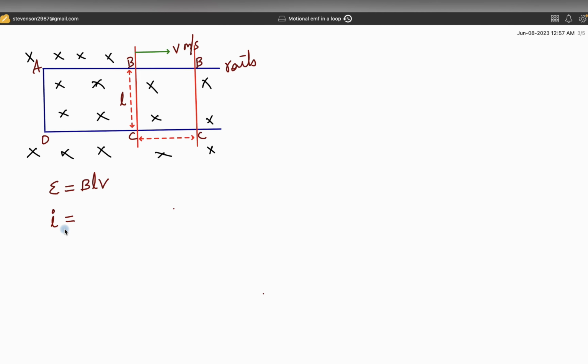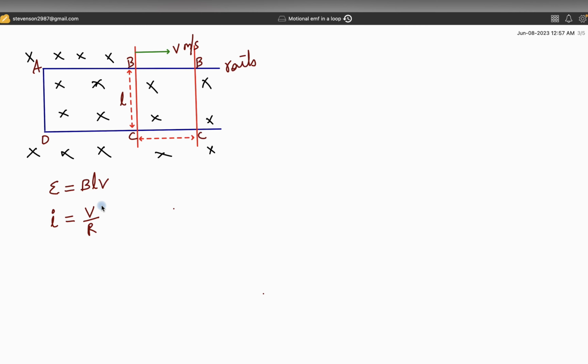So from Ohm's law, we can calculate I as the induced EMF, or the potential difference, over the resistance. Now let R be the resistance of our closed loop. Even though they are conducting, they will have certain resistance, right? So let us assume that their resistance is R.